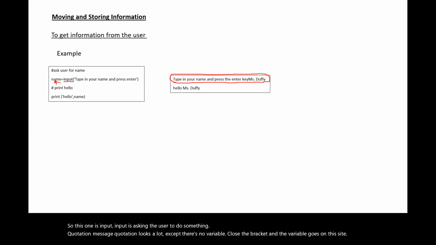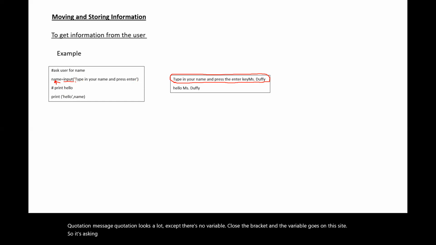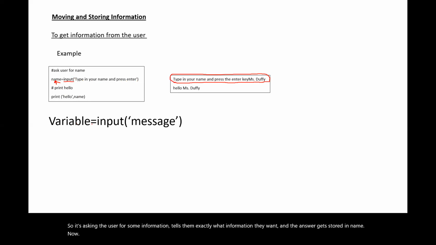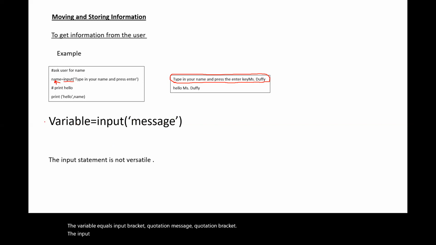So it's asking the user for some information, tells them exactly what information they want, and the answer gets stored in name. Now, the variable equals input bracket quotation message quotation bracket. The input statement is not versatile. Your input statement is going to look like this.